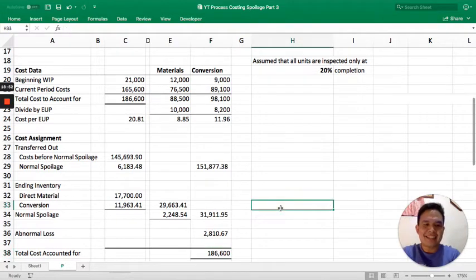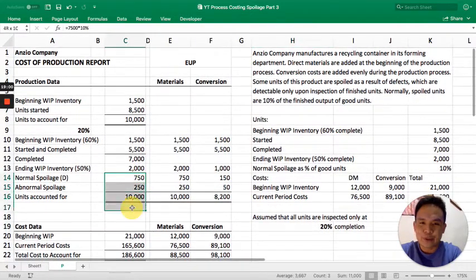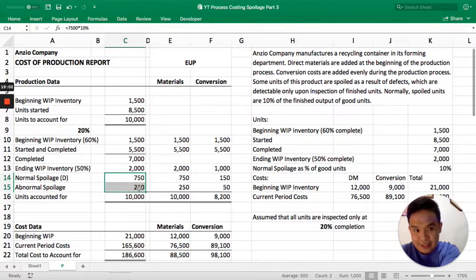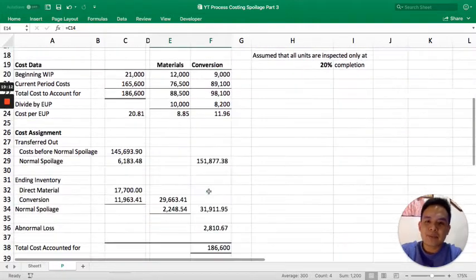So, that's how inspection points affect the cost of production report. 3 places. First, it will affect here in the whole units. Mag-affect siya ng count ng normal spoilage. Second, it will affect EUP. The earlier the inspection, the lower the EUP. Kasi nalaman mo early. And then lastly, it will affect cost assignment.